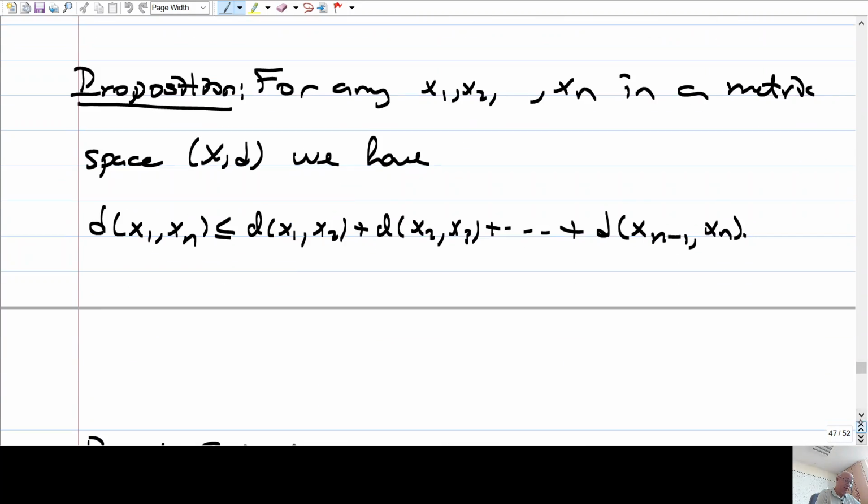First observations are as follows. This is a typical application of the triangle inequality. If you have n points like this in a metric space, then the distance between the first and the last one is less than or equal to the sum of the distances between consecutive terms, x1, x2, x2, x3, and so on.